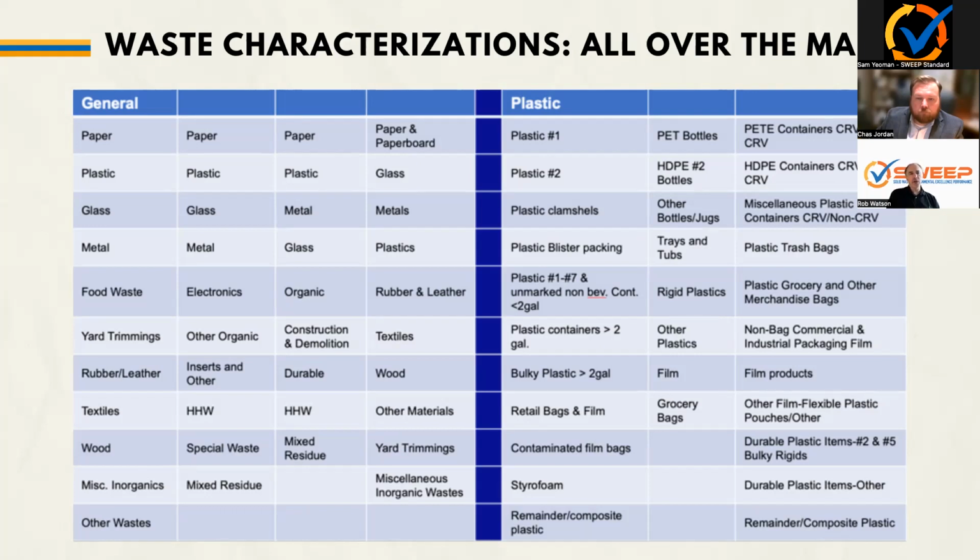In the general categories, there's a reasonable amount of agreement. There's paper, plastic, glass, metal, but then the organics get a little bit dicey. Is it food? Is it yard? Is it other? What's an insert? What's special waste? What's mixed residue? Right? A lot of these things don't have definitions, and as you'll find, sometimes these mixed residue numbers can be in the 25 to 30% of the waste. That's almost a third of your materials that you have no idea what it is, right?